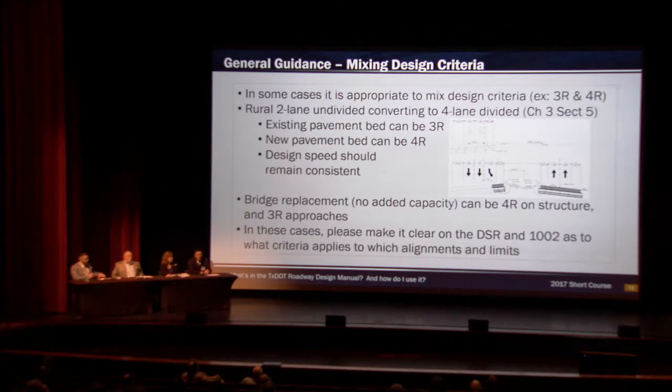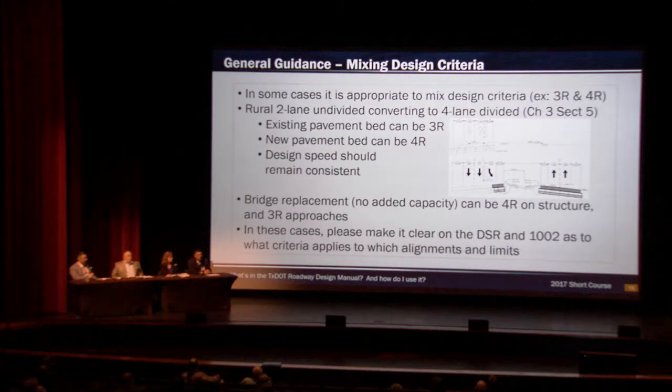Another example we had in the Brownwood District was a bridge replacement project that had a 2.5-foot cut in the vertical at the structure to increase vertical clearance. Within the limits of that, where the profile deviated from the existing to where it matched up, that of course met 4R, and outside of that, the rest of the project was 3R.